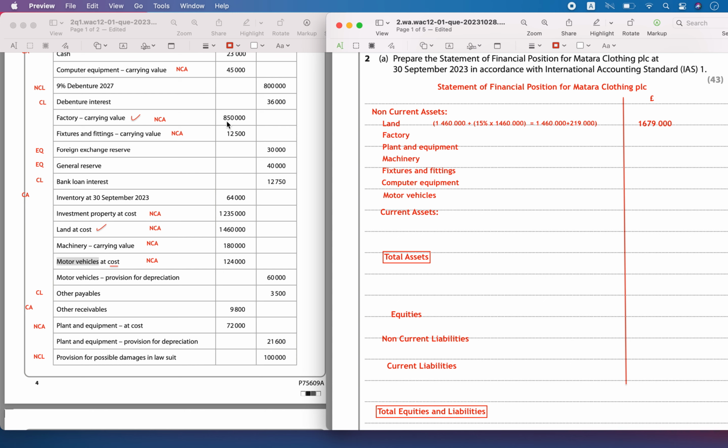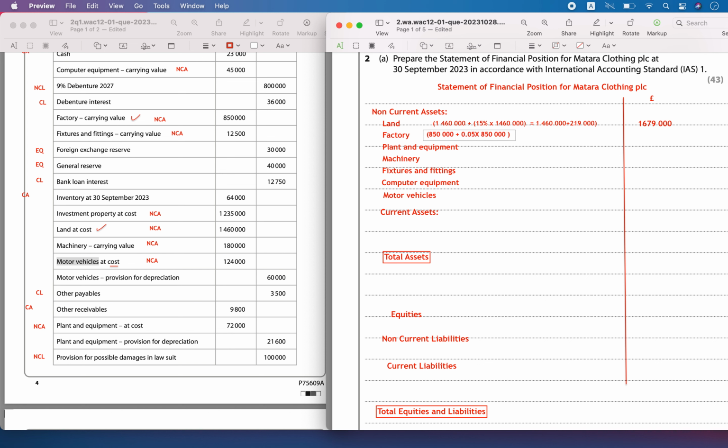Factory was at 850,000. Now it's going to be revalued. So let's write it here. 850,000 plus it is 5%. So 0.05 times 850,000. So that is going to be equal to 42,500.